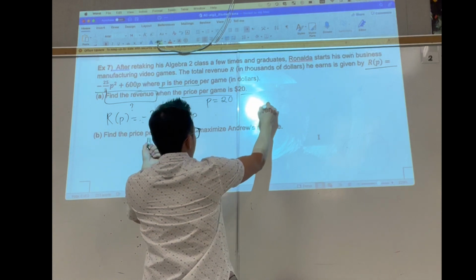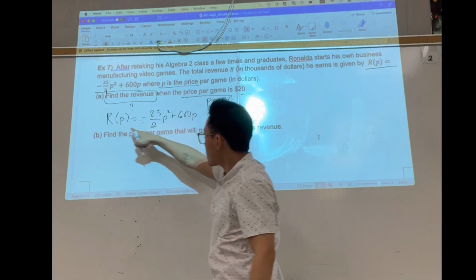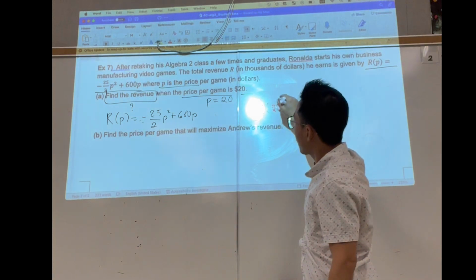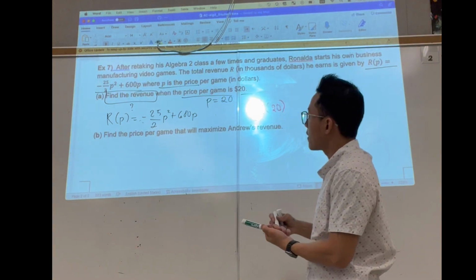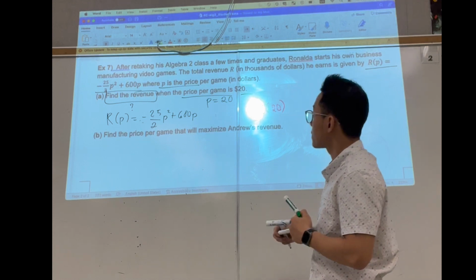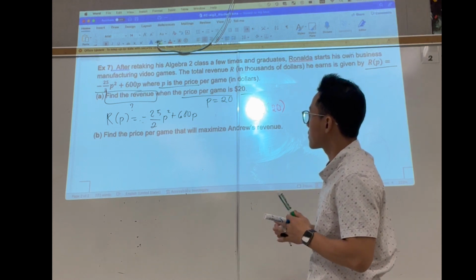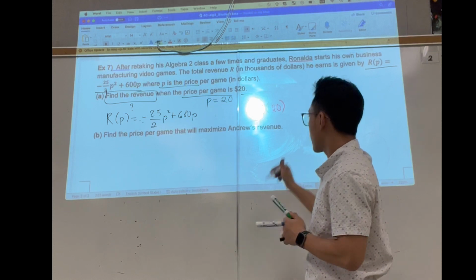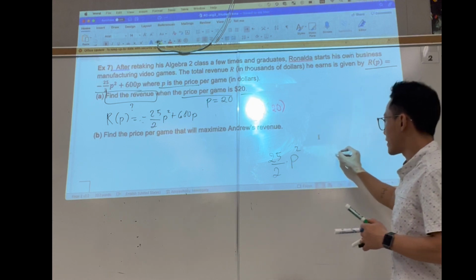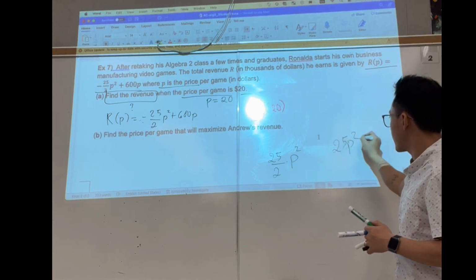Okay. So R. Wait, mister, I got a question. So you know how the negative 25 over 2 p squared is squared? Does the over 2 belong to the p? Is it p squared or is it like...? They're the same thing. If you write it like this, they're the same thing.